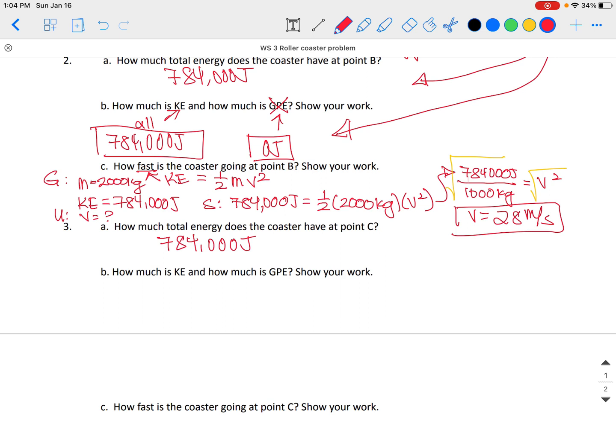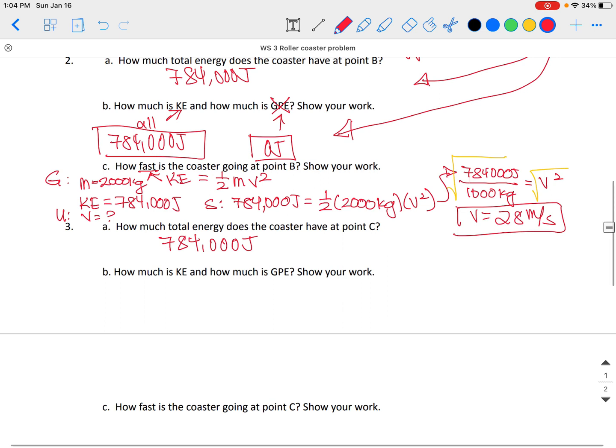So this one is a little bit trickier because we've got some gravitational that has a height of 10 meters, and we do have some kinetic as well. There's some velocity there. We need to add these two together to show that it equals 784,000 joules.